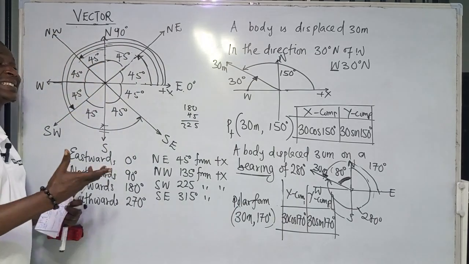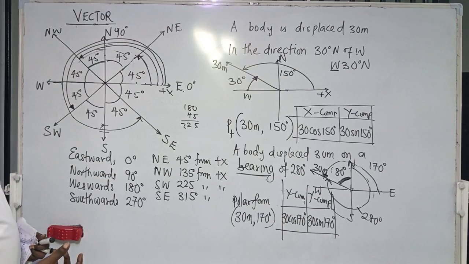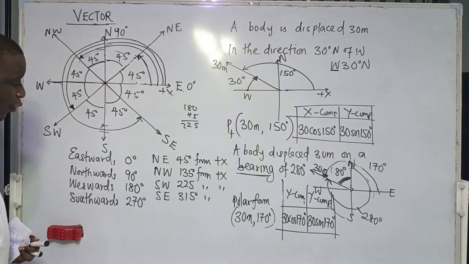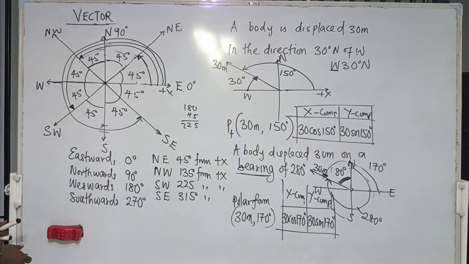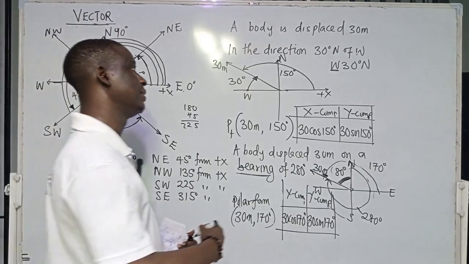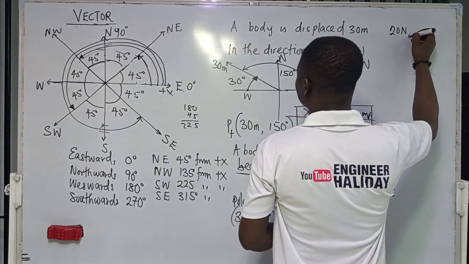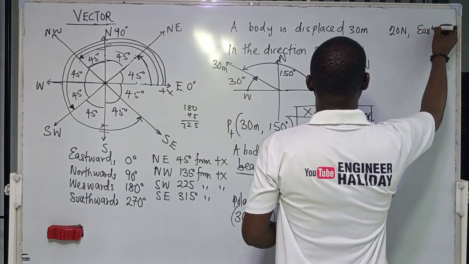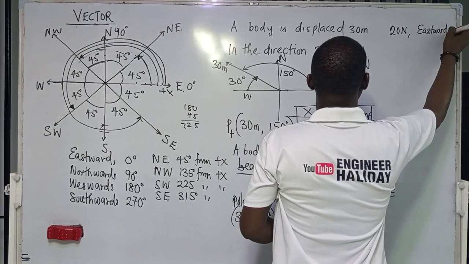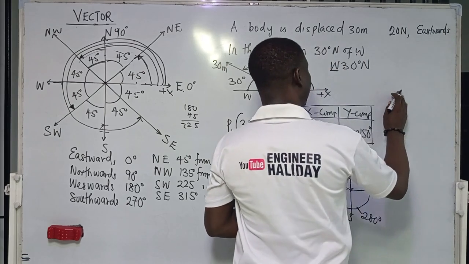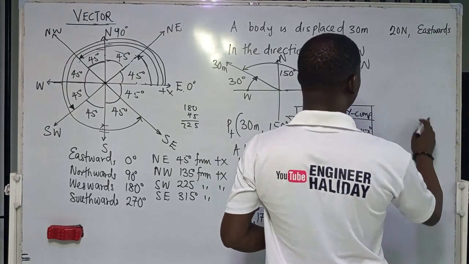Resolve it into x and y components. I believe this is very clear. Now if I ask you, for instance, that something moves 20 Newton eastward, what should be the angle? 0.